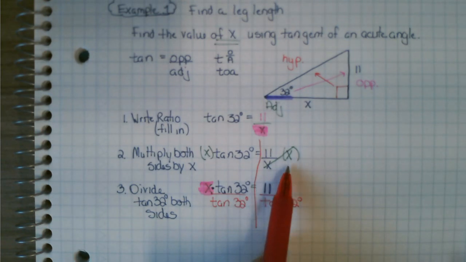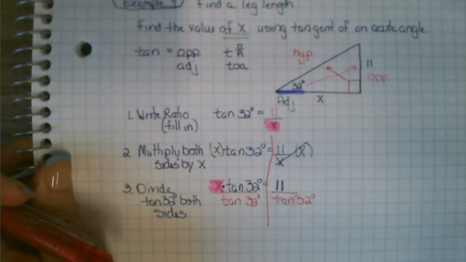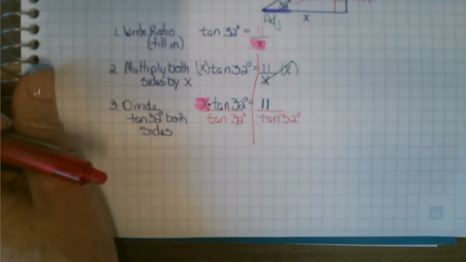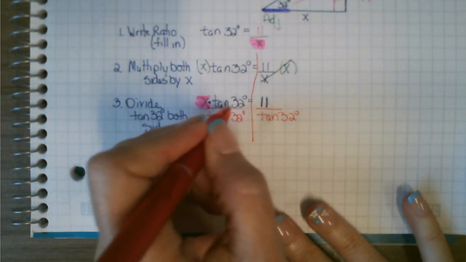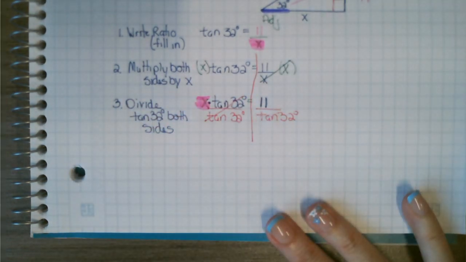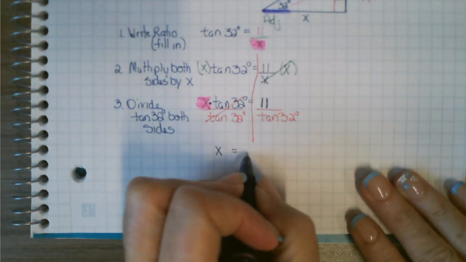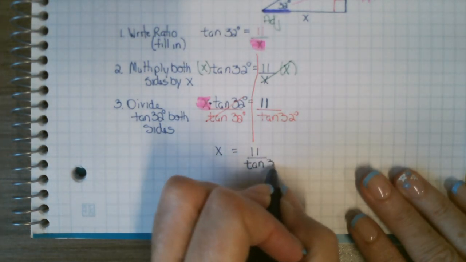So you see that it's all done on both sides. Alright, so the next step is we see that this cancels out, leaves me with my x by itself, and I have 11 over tan 32.